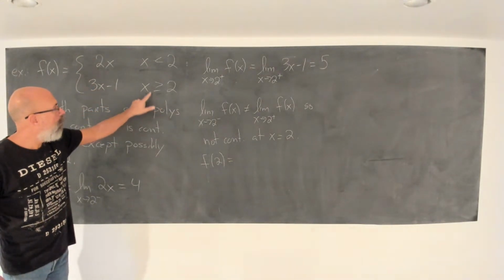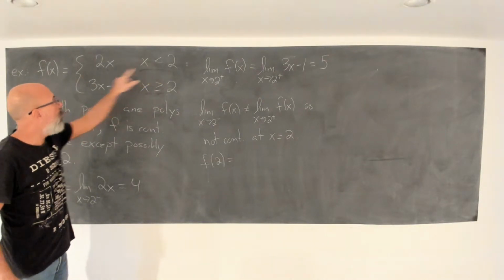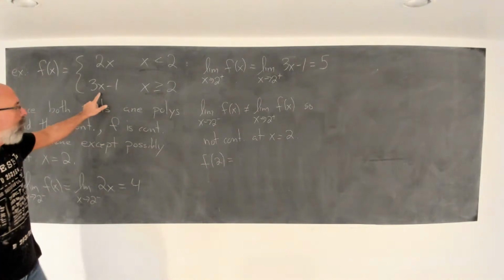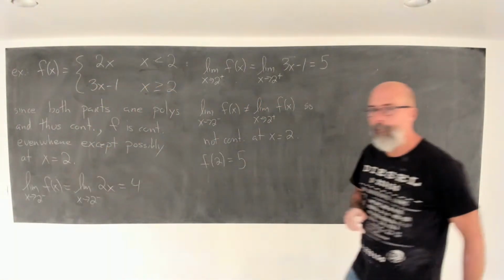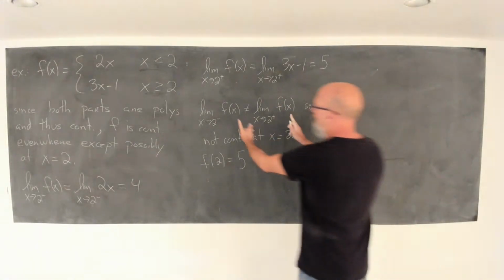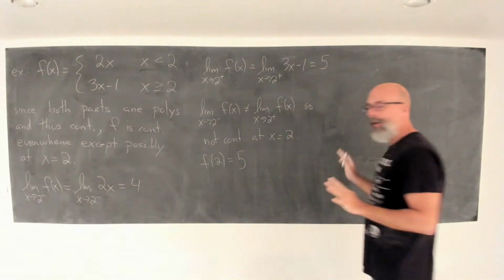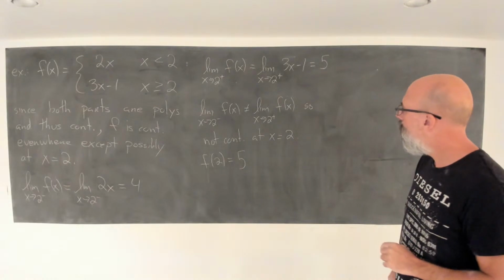It's this one. There's no ambiguity here. Here you're not allowed to plug in x equal to 2, but here you are. So when x is 2, this is 5, and there it is. So these two things are not equal, and that's it. The function is not continuous at 2.